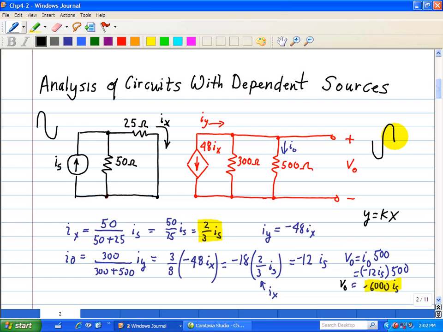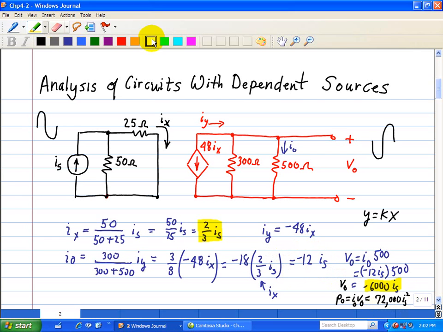Now, finding the power PO, we just use the simple IV relationship, IO times VO, and that's just equal, when you substitute those values, to 72,000 IS squared, where we substitute VO shown here and substitute IO shown here.